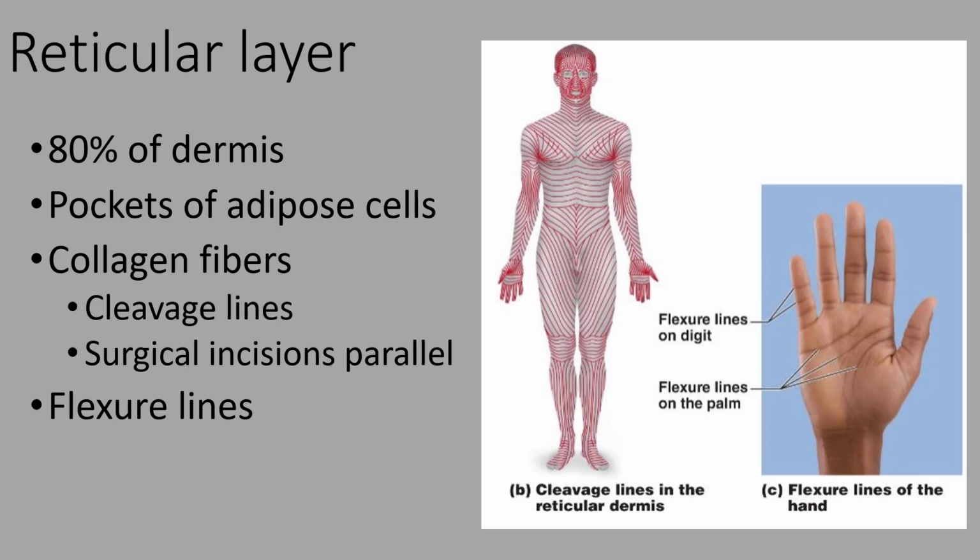And this is, again, collagen fibers that cause this, but those collagen fibers are being used to very tightly hold the skin to the deeper layers. That way, during flexing, the skin doesn't bunch up. It folds, it stays in place, and it keeps the skin from bunching up during flexing.